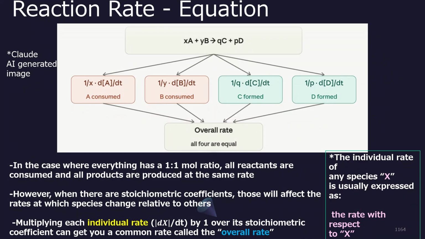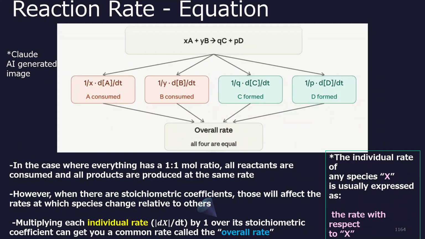Mathematically, these things just obey this rule that I'm showing you here, but it kind of makes sense, right? Like if we need to make 1 unit of C, we consume 2 units of A, we're going to observe A disappearing faster than C appears, but it doesn't really mean that the overall rate of the reaction is going faster, right?